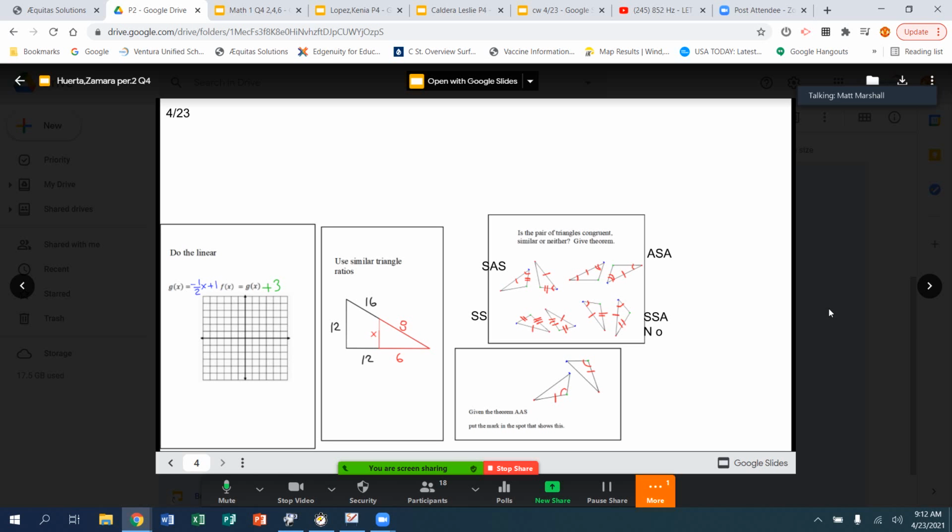Well, I see the first one you wrote SAS. I'm wondering how you got that. Well, that's correct. Can you tell me why that's correct? Why SAS matches that triangle set right there in the top left that you wrote SAS on? Why did you write SAS?